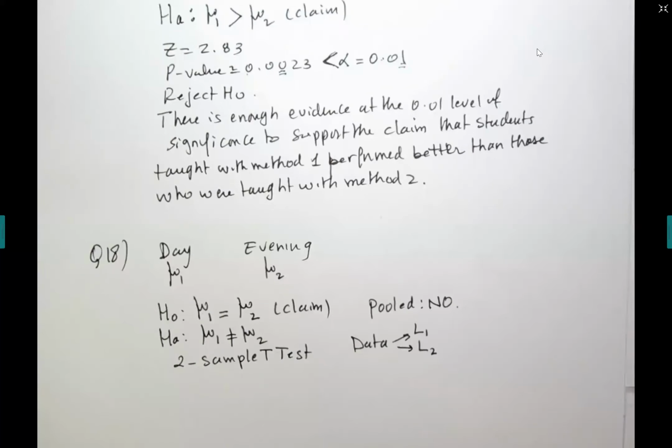Ready? Okay, let's see what we get. I got t to be -2 point, which doesn't agree with what some students are telling me. And the p-value is 0.0305. Do you guys agree with this, or you think I missed something myself?